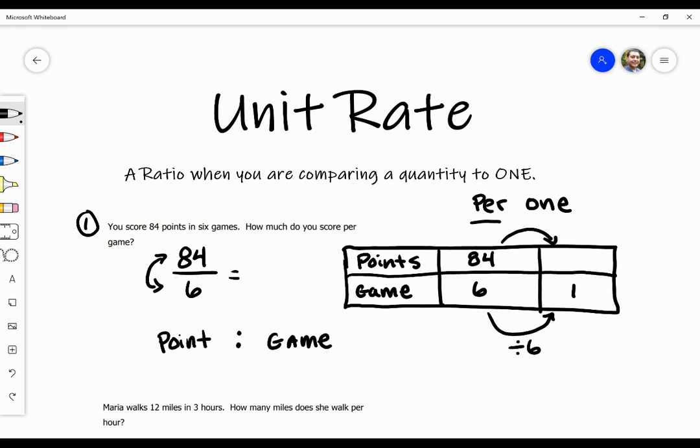So to keep the ratio equivalent, we can divide by 6. 84 divided by 6 would be 14, I believe. So you would score 14 points in 1 game, or 14 points on average is another way to look at that.